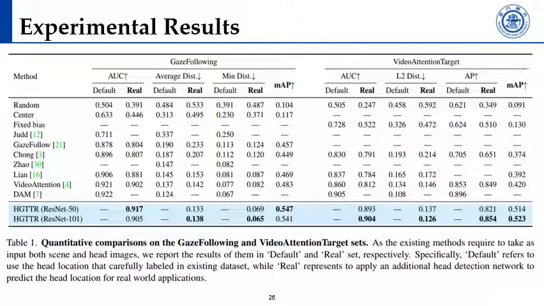So these are the experiment results. As shown in this table, our method outperforms others significantly. Since previous methods all take the annotated head crop images as input, while our method just takes the whole image as input, we report the results in two different settings. One is the default setting, which directly uses the annotated head crop image input. The other is the real setting, which uses the detected head crop images as input.